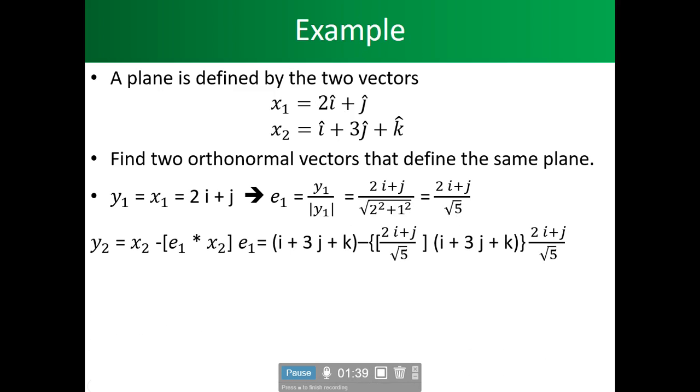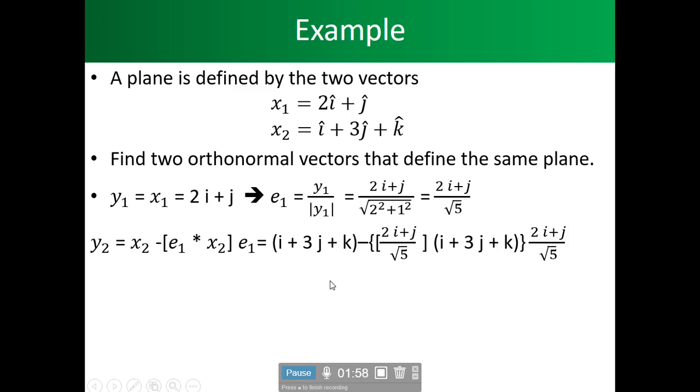Okay, now the second one is a little more complicated. We have all of these things multiplied times each other. We take the normality of the first vector times the second vector, times the normality of the first vector, and subtract all of that from the second vector.